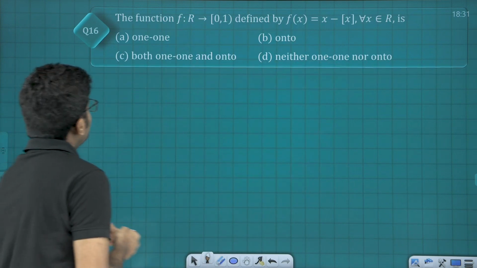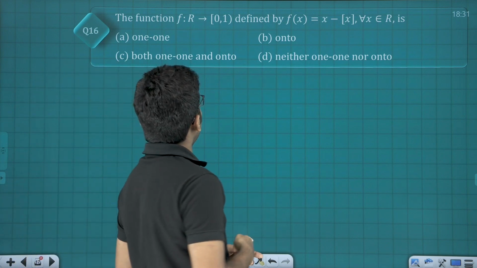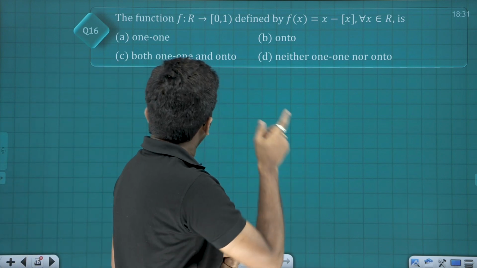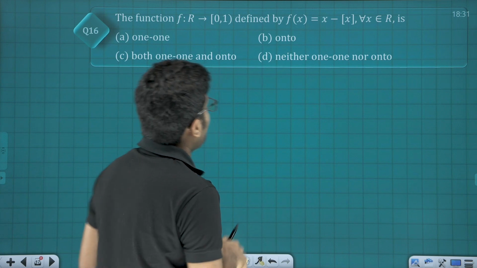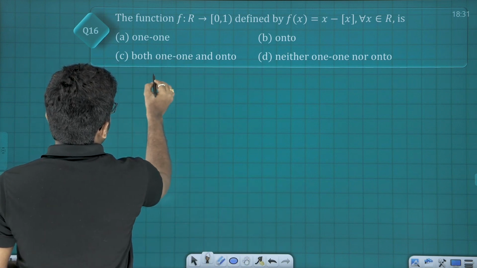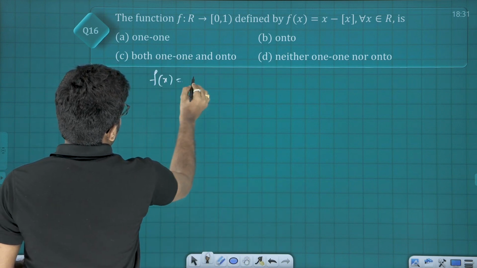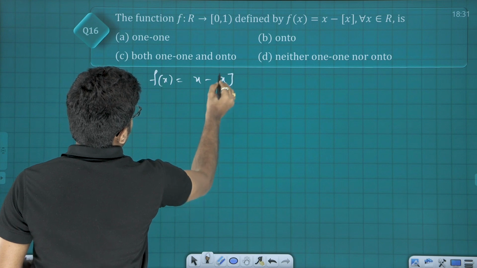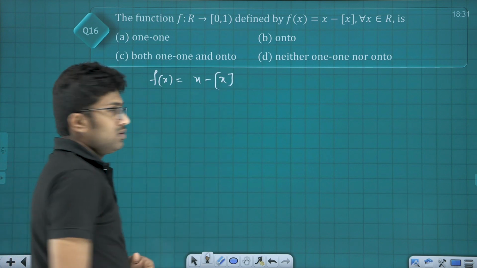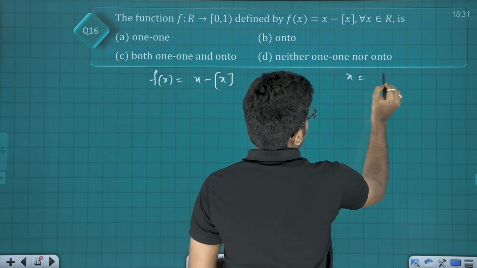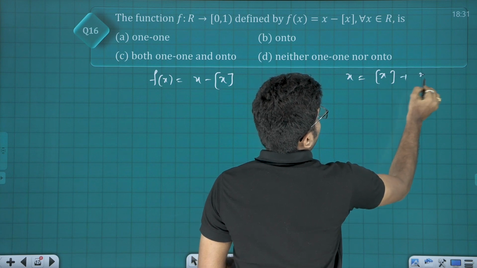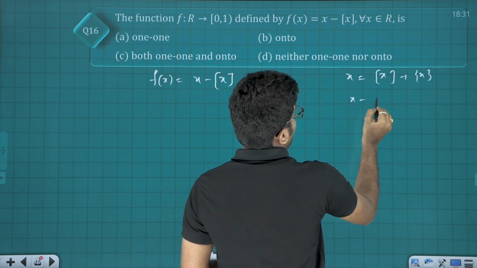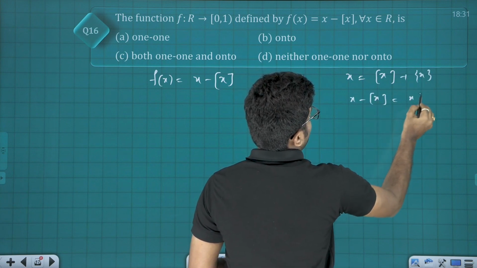Next question. The function f mapping from R to closed 0 to 1 defined by f of x is equal to x minus floor of x, friends. Generally we know x is equal to floor of x plus fractional part of x. So x minus floor of x is nothing but the fractional part of x.